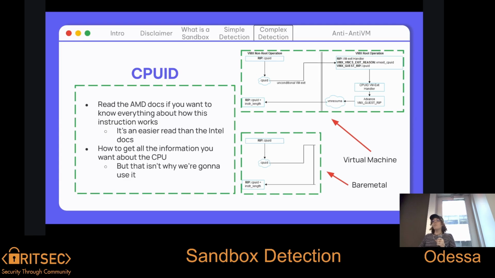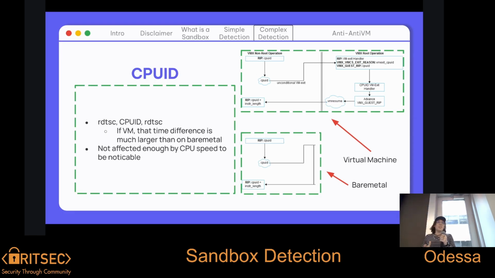We're using it because in a virtual machine, when you use CPUID, that automatically gets sent into the hypervisor to be handled. You can see the top diagram there is basically what happens. It gets called, the answer gets emulated in the hypervisor, a VM resume is called, and then it gets sent back. Now compare this to bare metal, where it just runs. You call CPUID and it gets the information back, just like that.